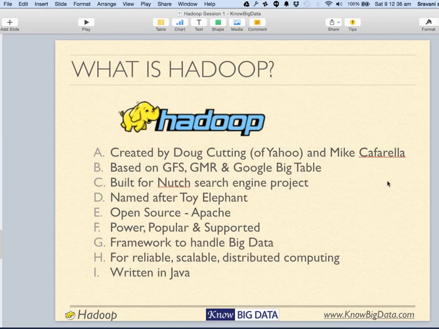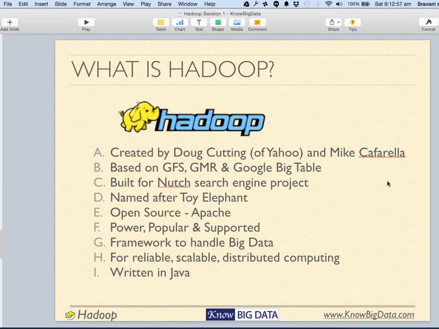So what exactly is Hadoop? Hadoop was created by Doug Cutting of Yahoo and Mike Cafarella. They were building a search engine called Nutch as a personal project, and they were having huge difficulty storing humongous data.